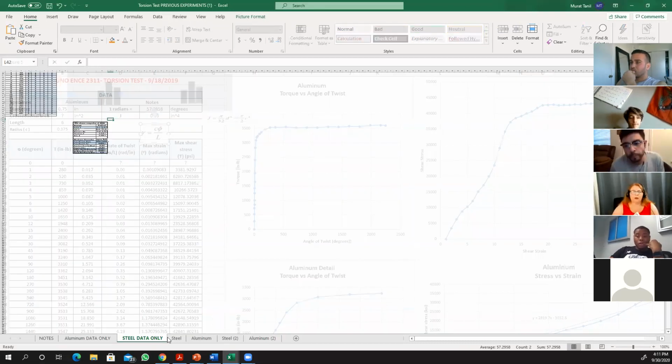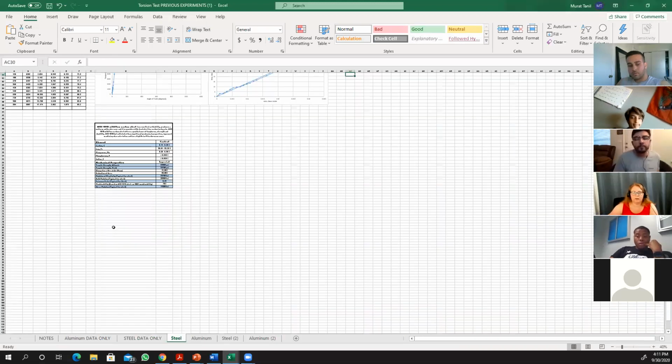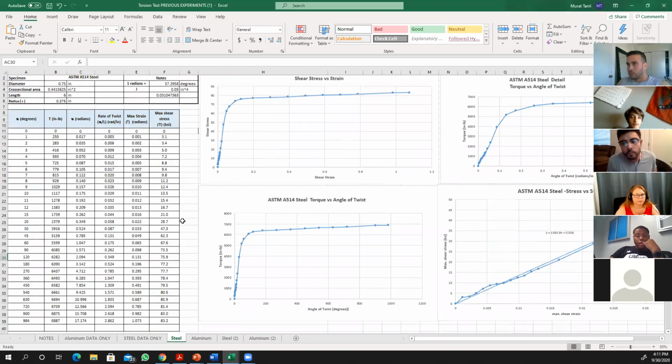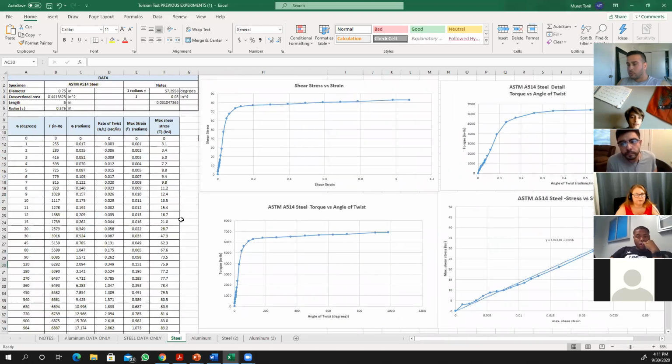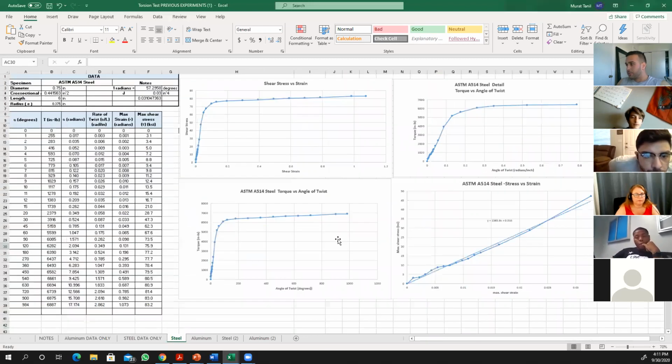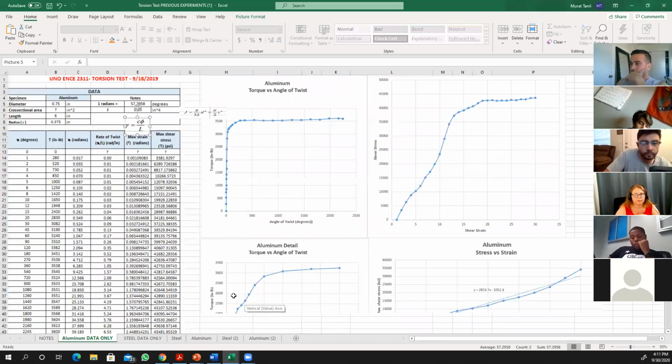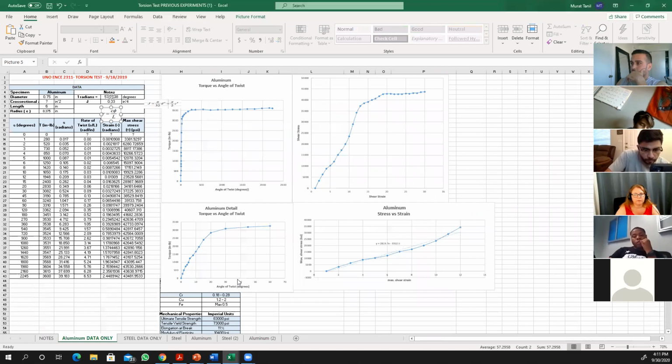Okay, cool. Yeah, I mean, the graph looks fine to me. Can you show us how you create your graphs? Because for some reason, I always struggle with creating graphs in Excel.